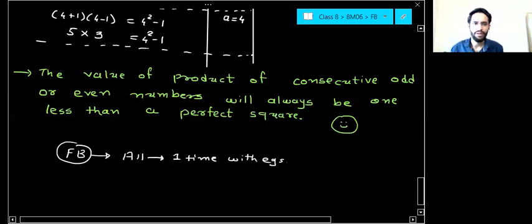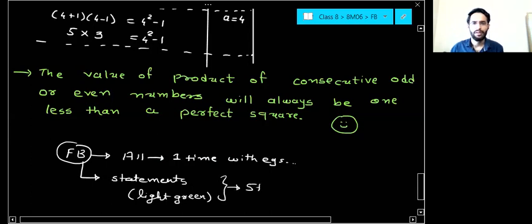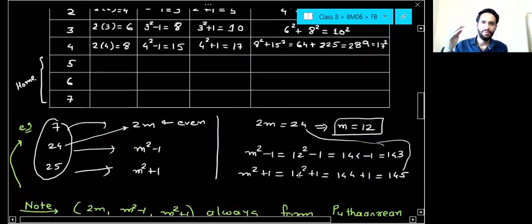Only the statements, the ones I have written with the yellow marker, light green, you have to write 5 times. Only statements 5 times, and examples only 1 time.